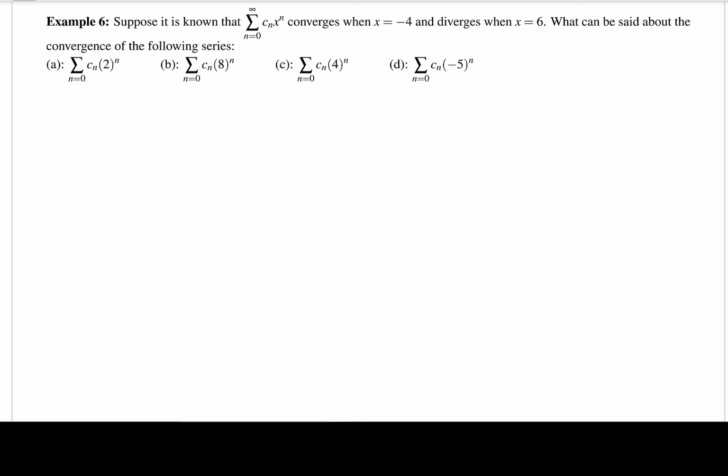So the first thing I want to do here is notice that the center is a equals 0, right? Even with what they've given us here, I don't know exactly what c sub n is, but I know that x minus a to the n has to be equal to x to the n. So then the center must be x equals 0.